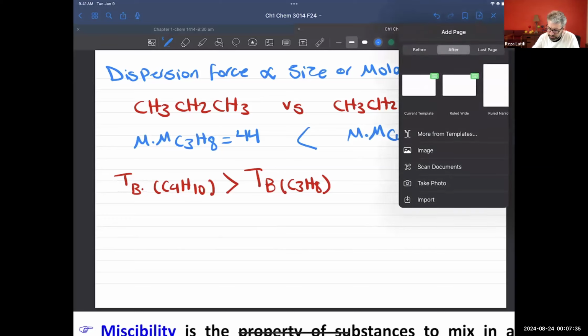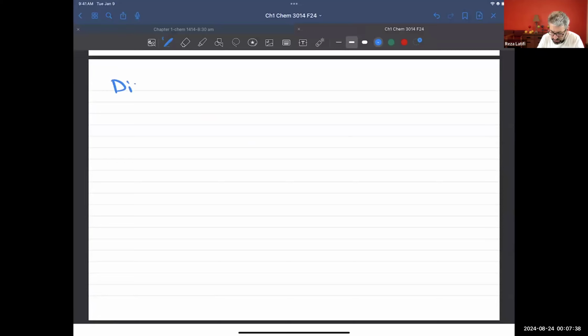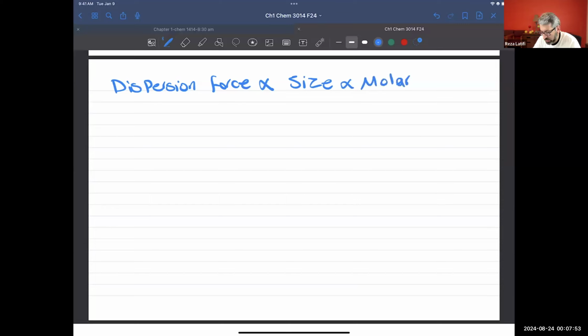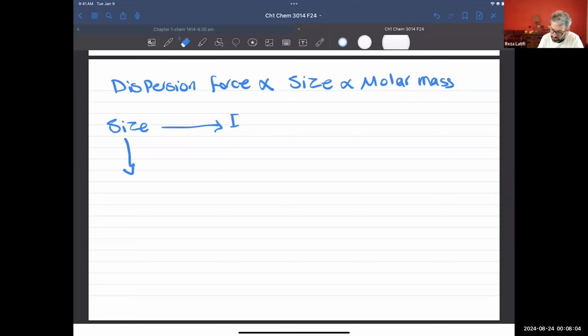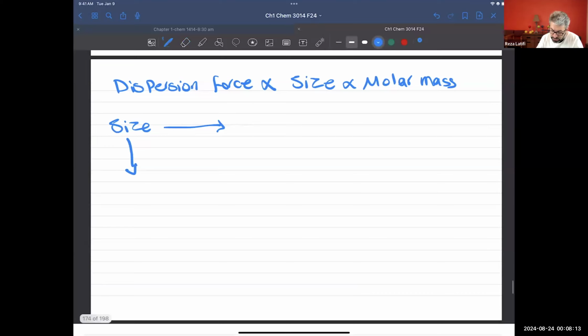Another one. Dispersion force is subject to size, size of the particle, or we can say molar mass. Remember, size to the right of the periodic table decreases, and down in any group increases.